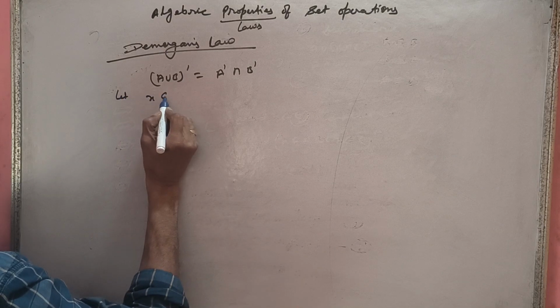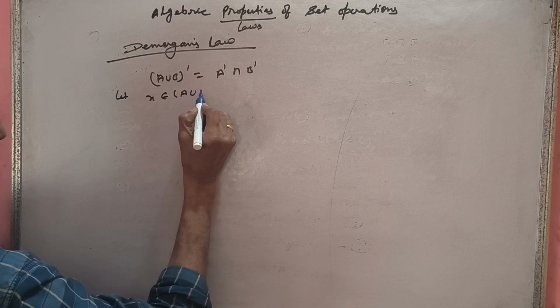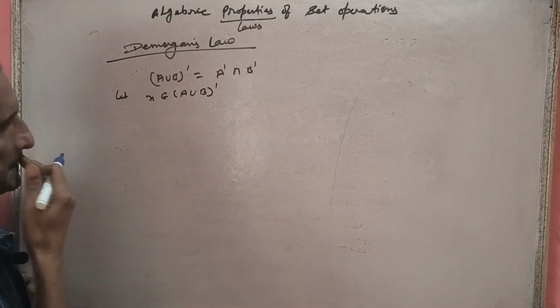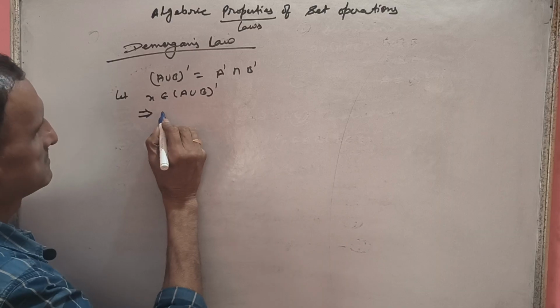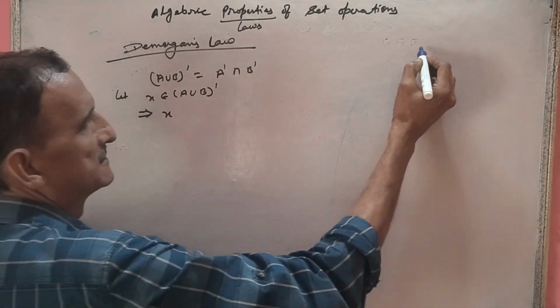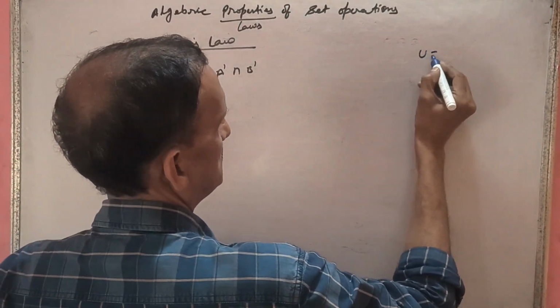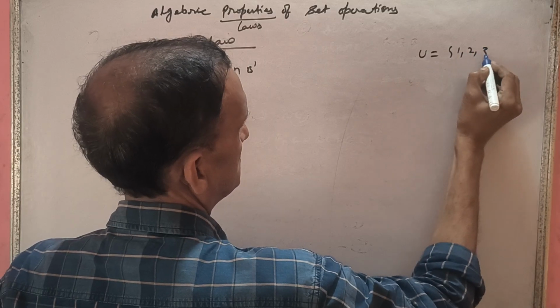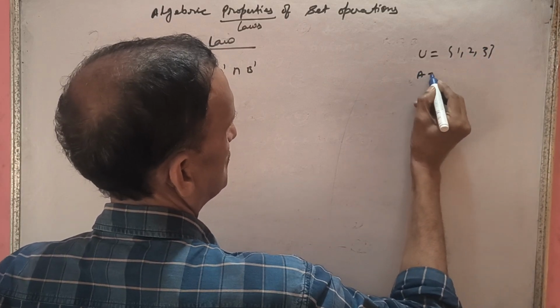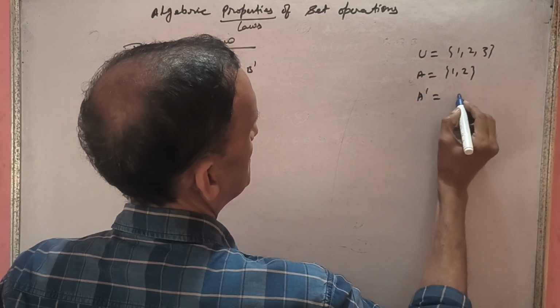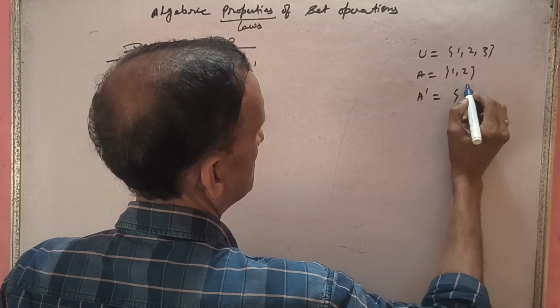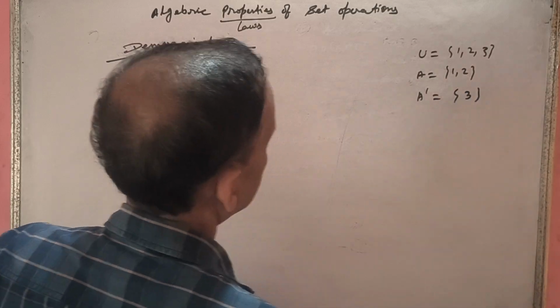So start now. Let X belong to (A union B) whole complement. You know the meaning of what? Suppose U equals {1, 2, 3}, a universal set, and A is a proper subset of U with the elements 1, 2. And you know what A complement is? What elements of U are not in A? That is 3.